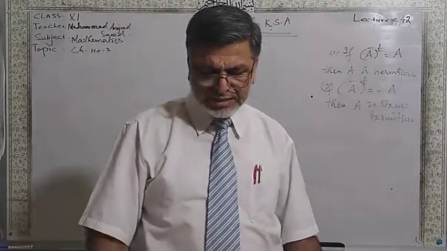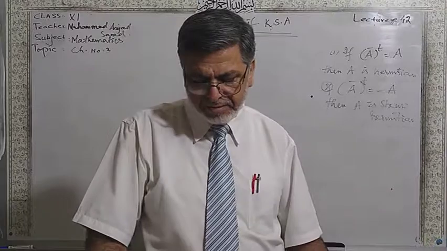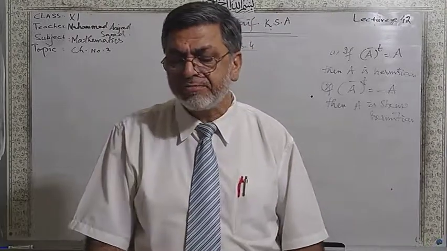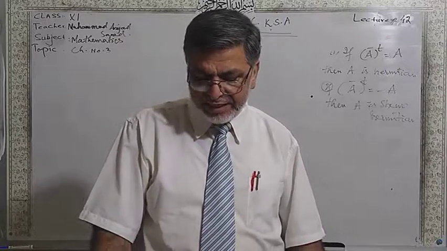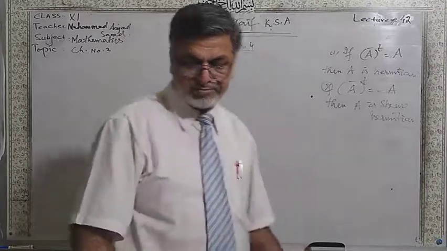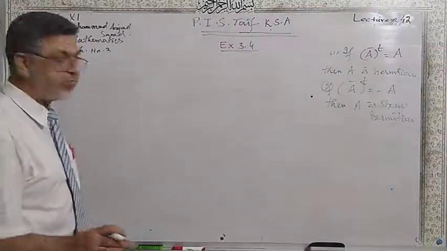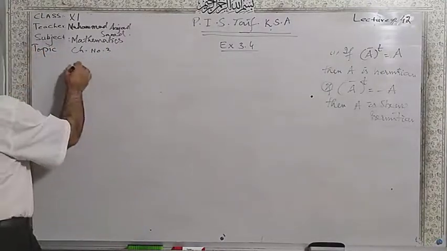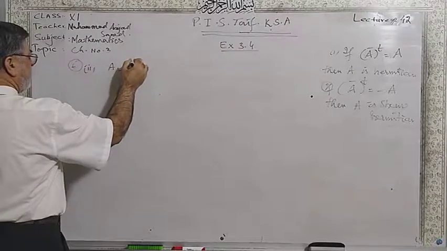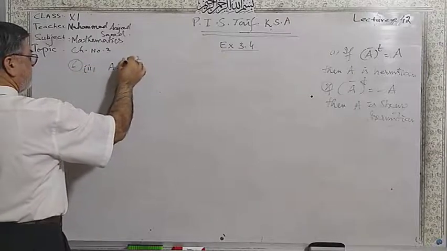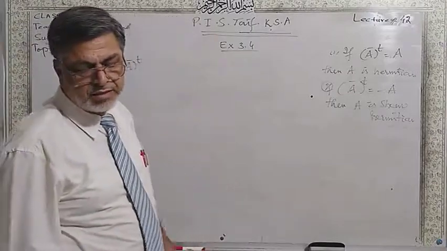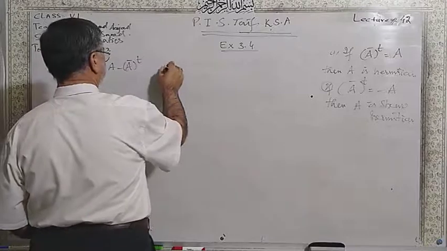In question number 6, there are 2 parts. First part is A plus A bar transpose is Hermitian. And the second one is A minus A bar transpose is skew Hermitian. Okay, I am taking part number 2: A minus A bar transpose is skew Hermitian.